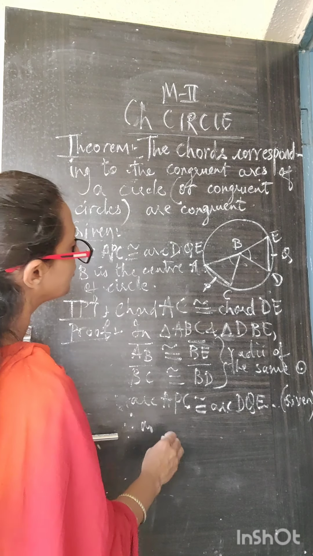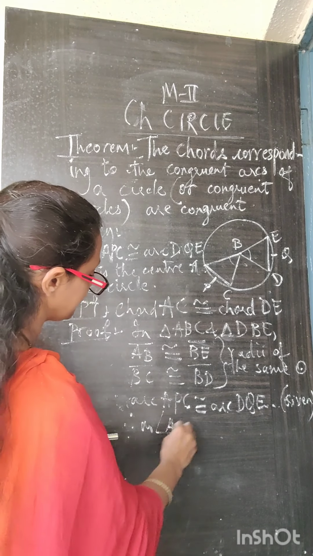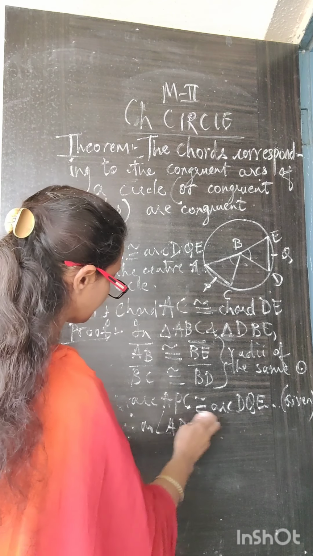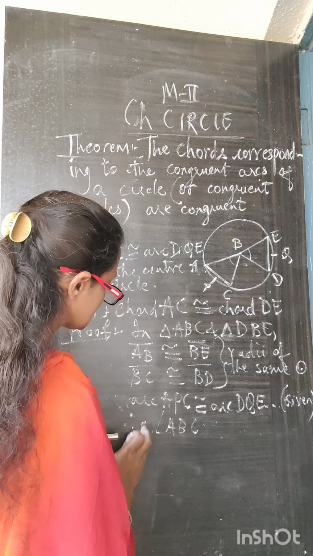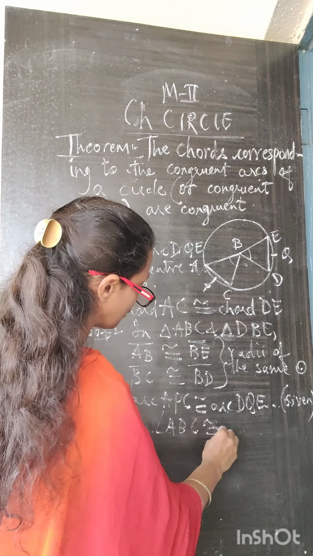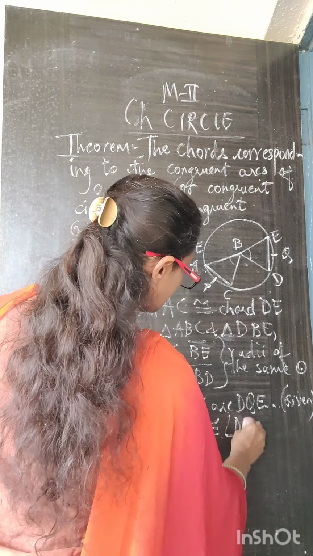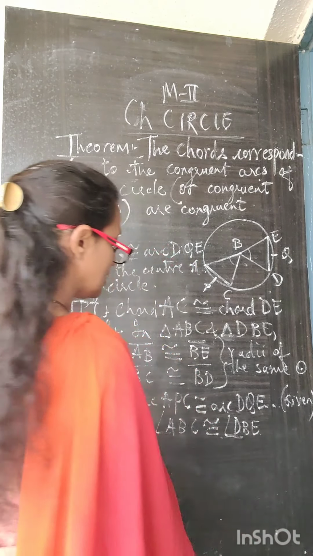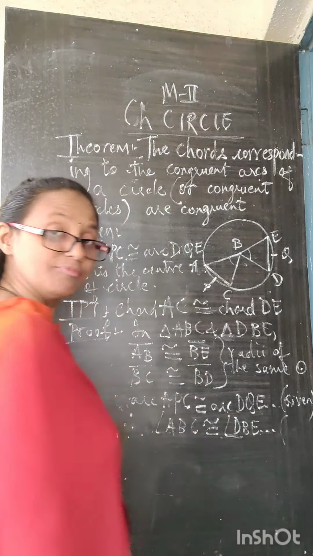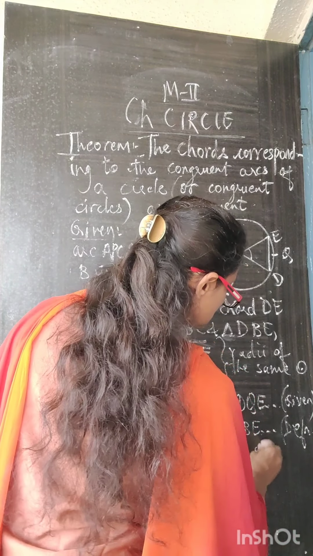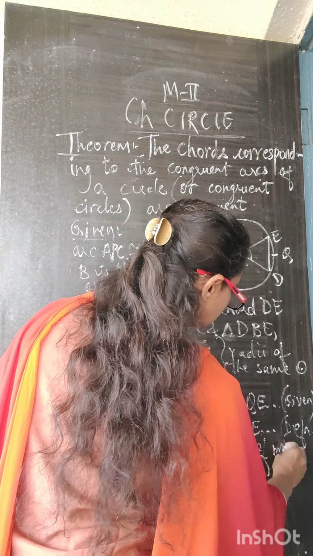Therefore, measure of angle ABC is equal to, or angle ABC is congruent to angle DBE. Reason: definition of minor arc. We can say the reason we have got this angle congruent is the definition of minor arc.